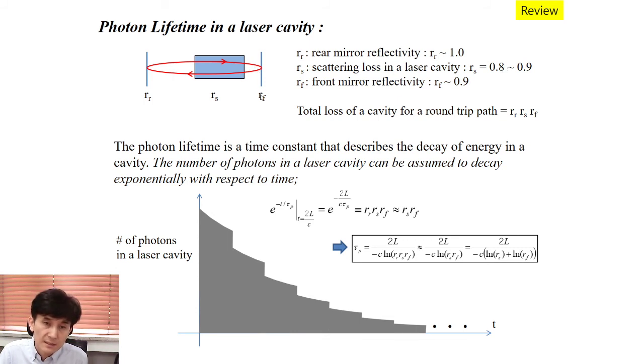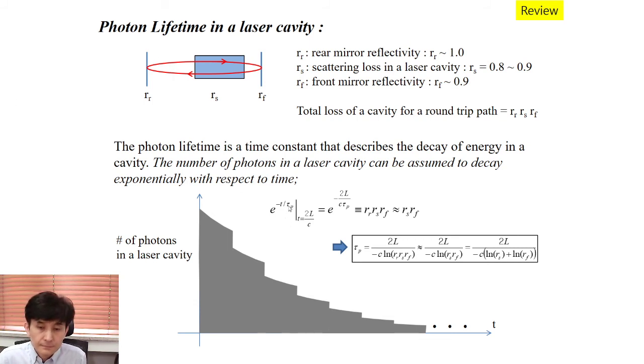Whenever it hits the front mirror we have about 10% loss, so the survival rate is 0.9. So whenever it hits the medium or the front mirror, the number of surviving photons decreases like this, and we can approximate this decreasing ratio with the photon lifetime.